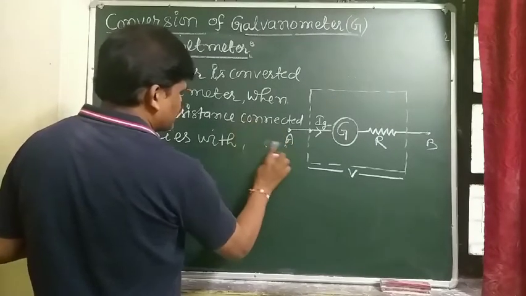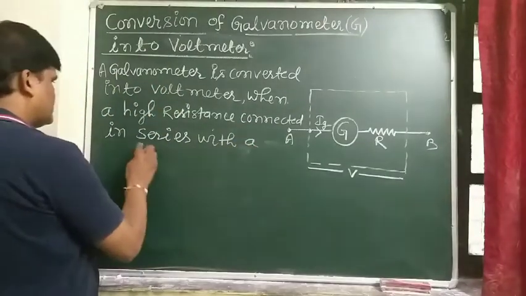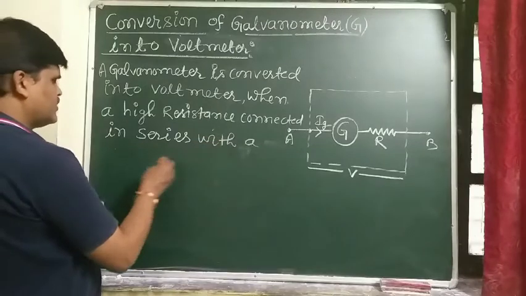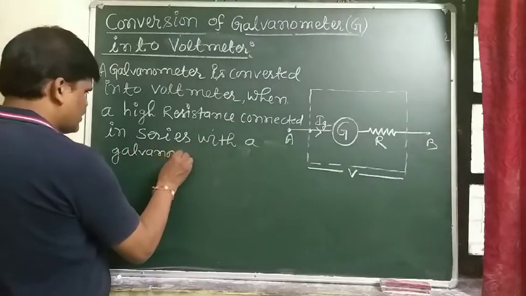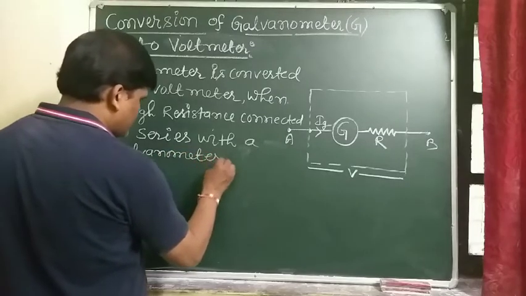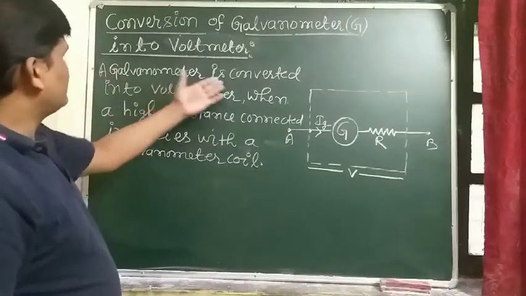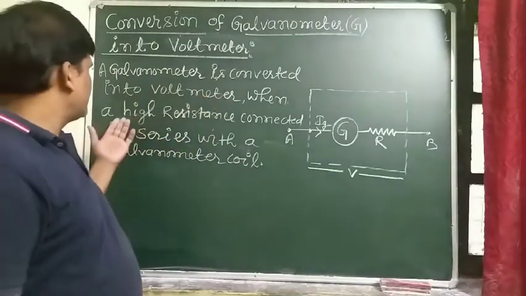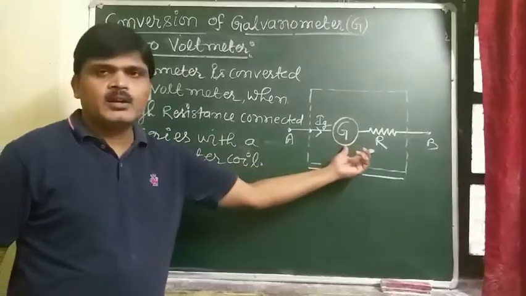A high resistance connected in series with a galvanometer coil. So a galvanometer is converted into a voltmeter when a high resistance is connected in series with a galvanometer coil.